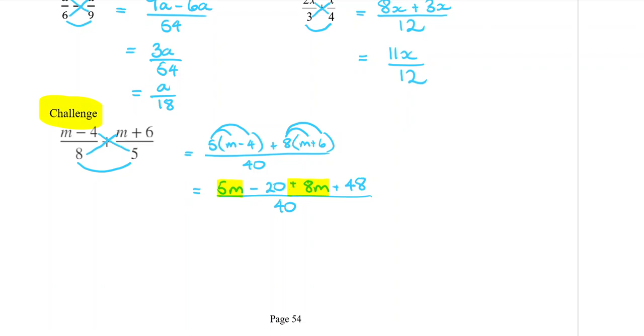What is 5 plus 8? 13m. Then we want to do minus 20 plus 48. Feel free to use your calculators. Minus 20 plus 48 is a positive 28. Good. All over 40. And that's it.